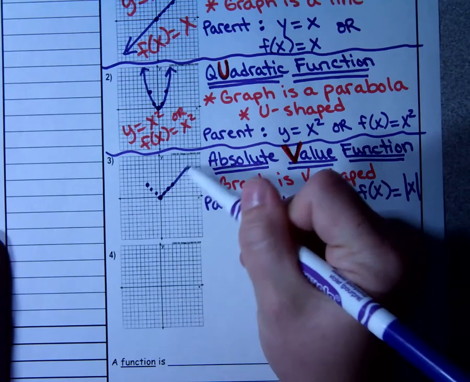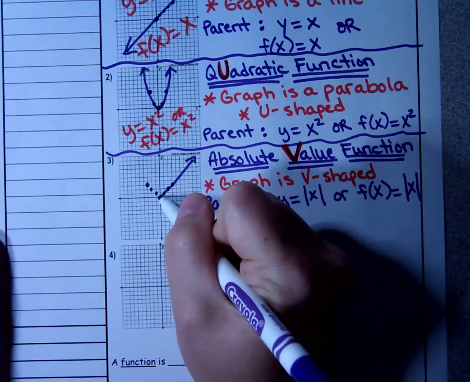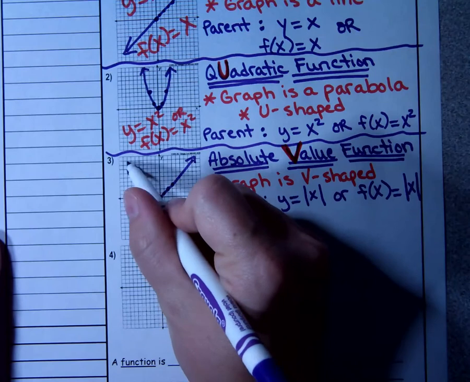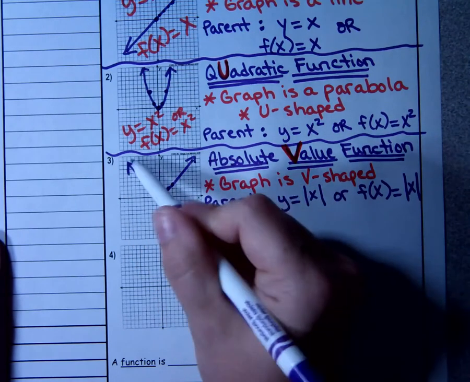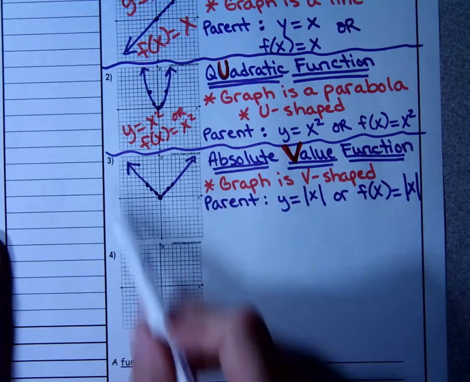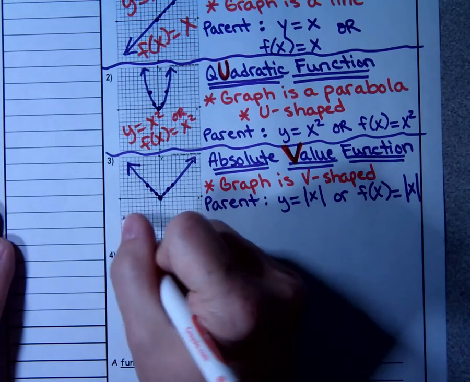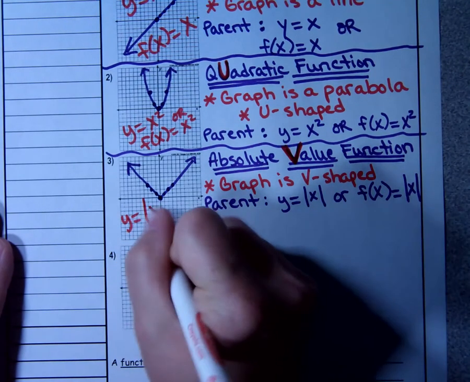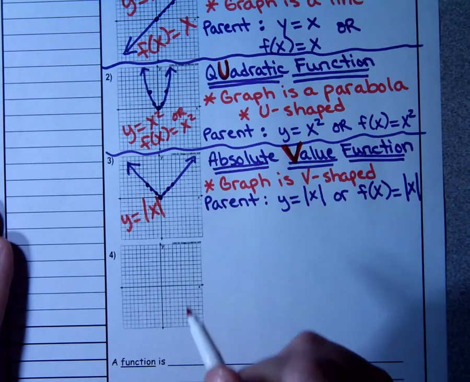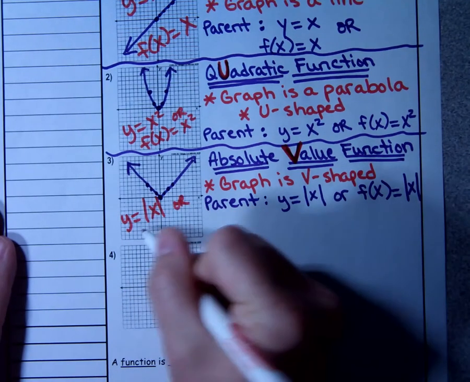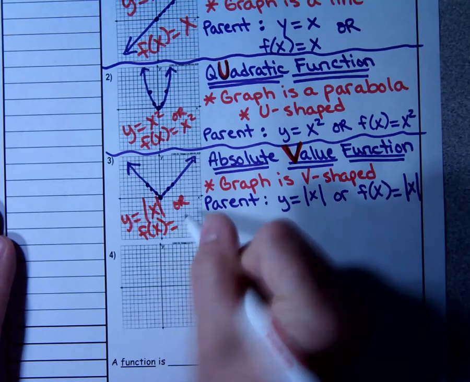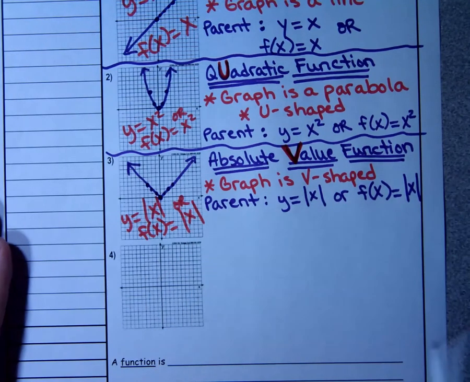And then I can connect all my points with two straight rays, and this makes our V shape. This is our absolute value parent function. And just to write its equation down again, it's y equals the absolute value of x, or that could be written f of x equals the absolute value of x.